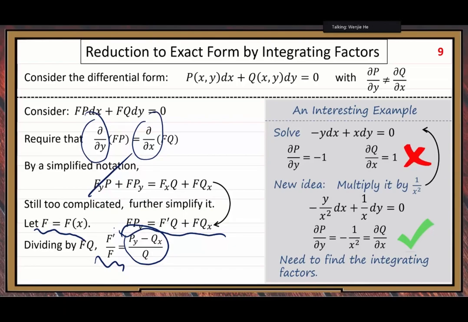Then the right-hand side must also be a function of x and no y. Otherwise, you cannot make them equal, right? The right-hand side contains the variable y, but the left-hand side does not have the variable y. How can you make them equal?